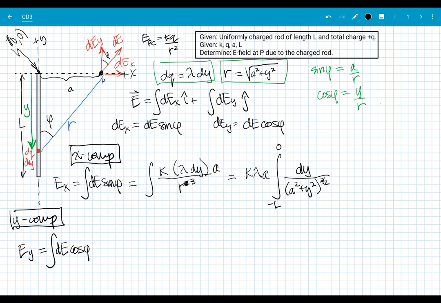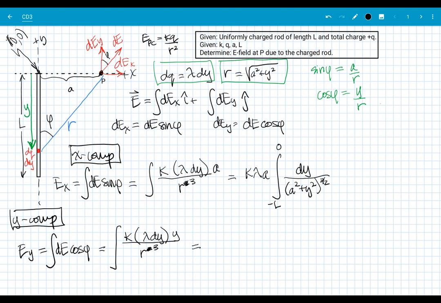For dE cosine phi, my dE is k times dq, which we're writing as lambda dy, over r squared, and I multiply that by cosine phi. Cosine phi is y over r. So again, this r squared becomes an r cubed there. Let's rewrite this a little more technically.